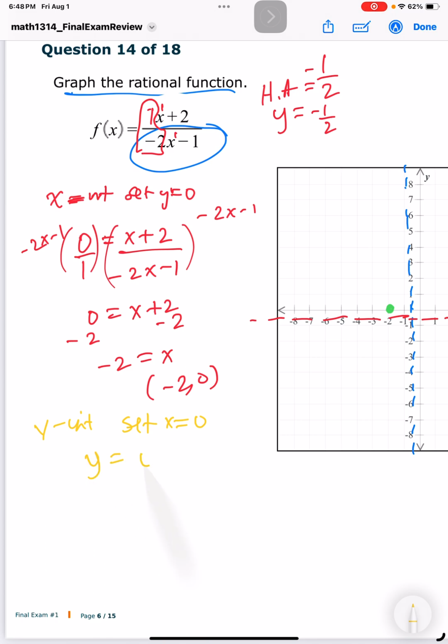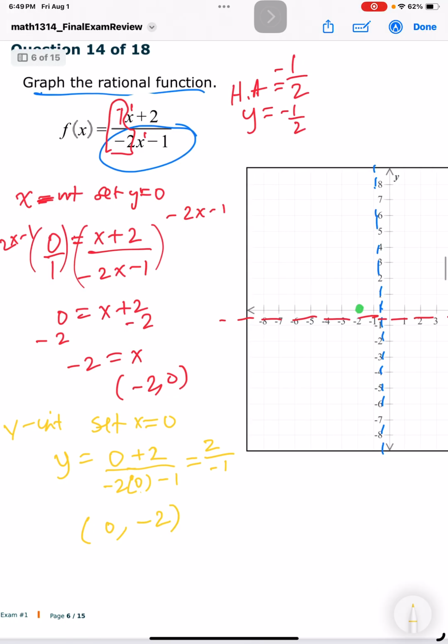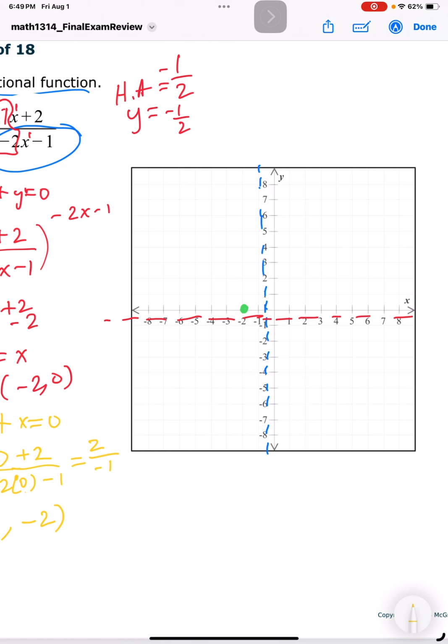So we'd have y equals 0 plus 2 over negative 2 times 0 minus 1. We would get 2 over negative 1 or negative 2. So my y-intercept would be when my x is 0, I get negative 2. So I would put that point over here at negative 2.